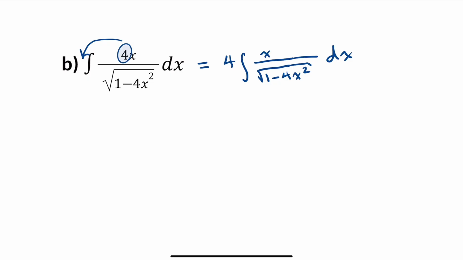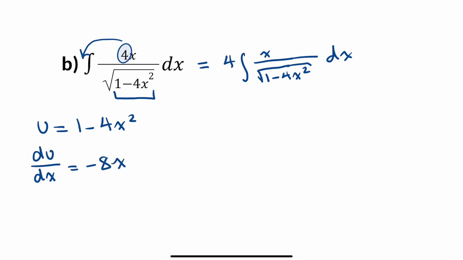And so the easiest way to do this is to just set u equal to whatever is inside the square root. So we can say u is equal to 1 minus 4x squared. And so taking its derivative, we get du by dx is equal to negative 8x.